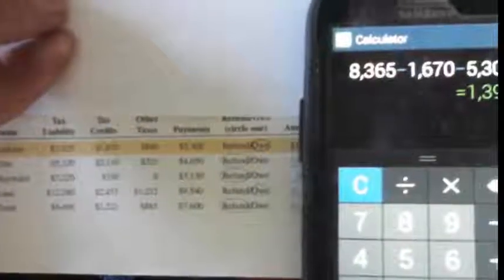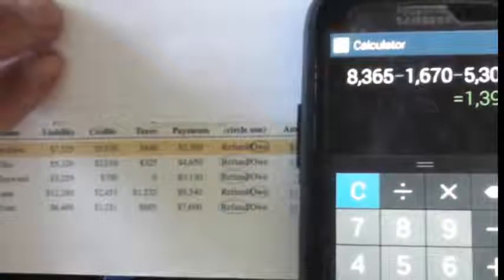Okay? Well, let's do another one. So I'm going to try to hold this here. Our tax liability was 5,320. We had other taxes of 325.